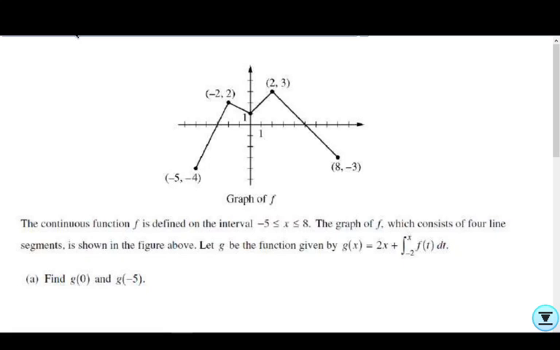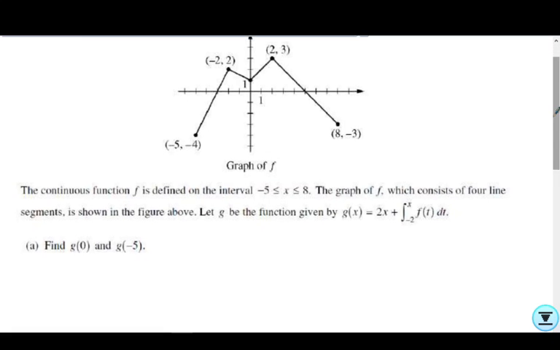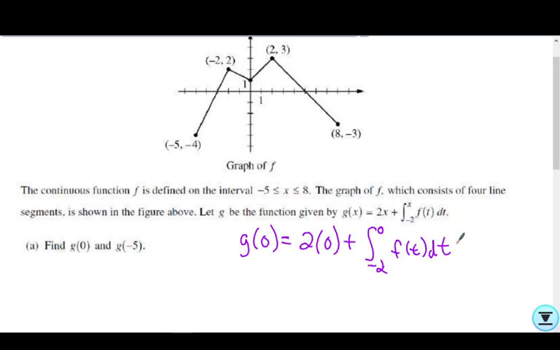Well, that means we're using the equation they gave us, g of x. For the first part, we're finding g at 0, which means wherever we see x, we plug in 0. So this is 2 times 0 plus the integral from -2 to 0 of f of t dt. 2 times 0 is 0, plus this integral.